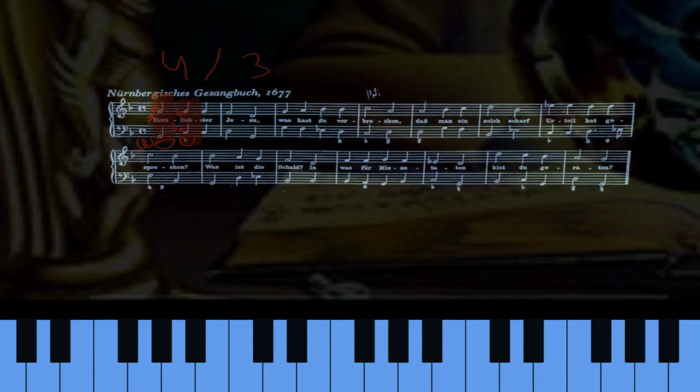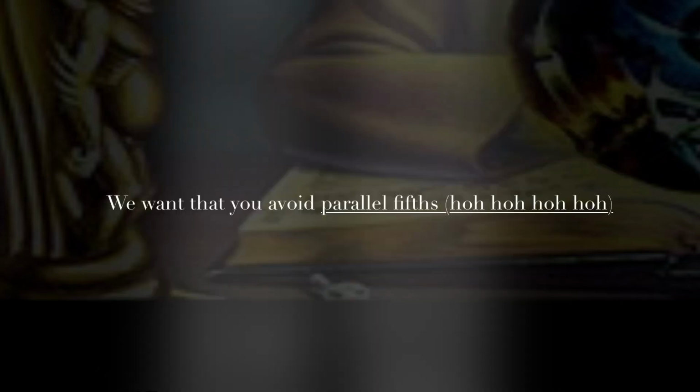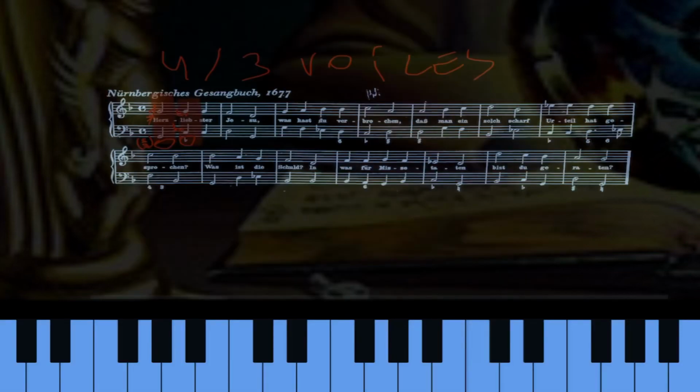So G minor, C minor, and now the main thing is to avoid the parallel fifths, and that is already done by the melody. If you just had the bass, no, just a moment. Exactly. If you just had the bass, you could make this mistake, for example. But you have the melody telling you what to do.